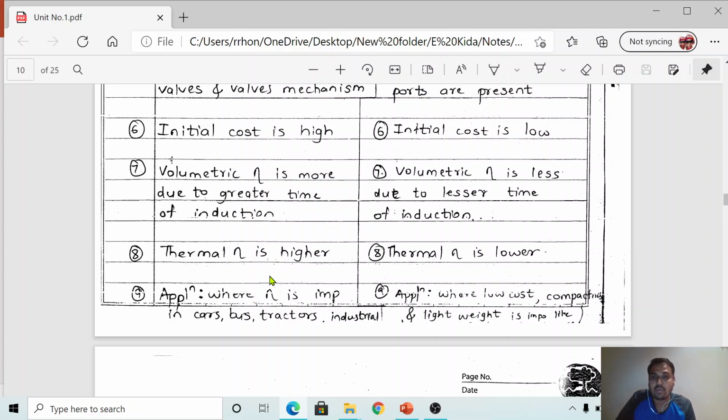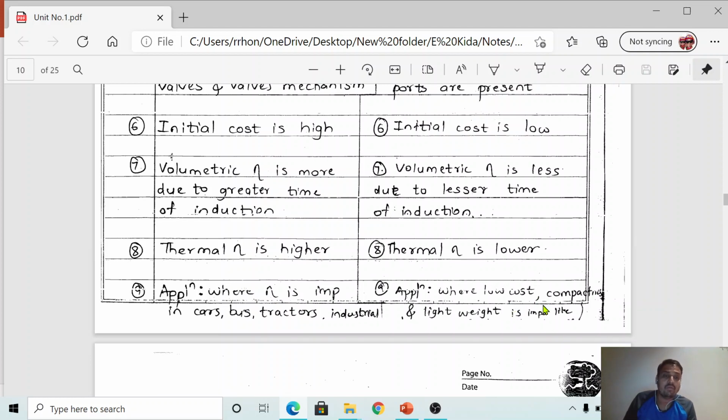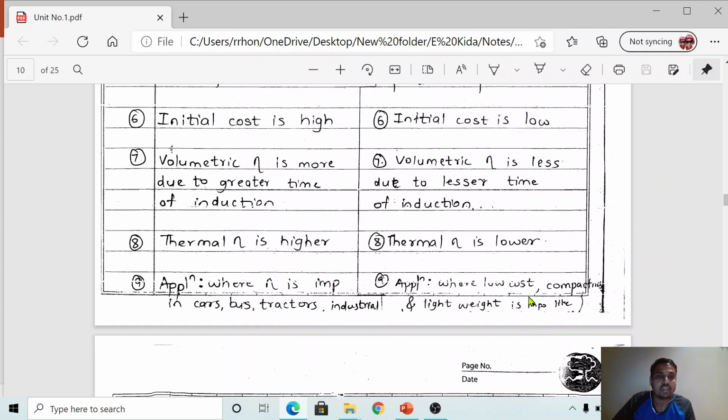When we talk about applications, the four-stroke engine, where efficiency is important, is always used, like in cars, buses, tractors, industrial prime movers, etc. And the two-stroke engine, where low cost, compactness, and light weight are important, is used in mopeds, small automotives, or some compact applications, etc. If you take the example of lawn mowers, a two-stroke engine is always used because compactness and light weight as well as low cost are essential.